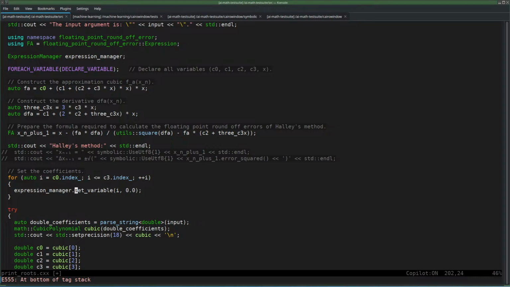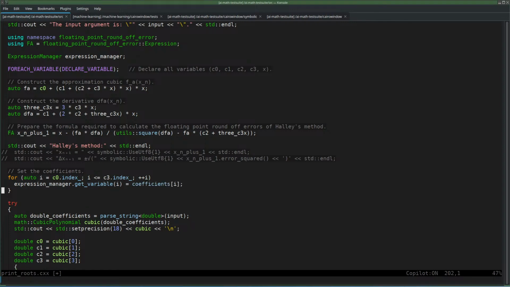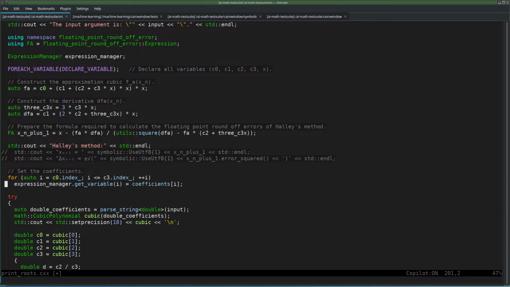You can just get the variable and then assign to it, or you can make an add-in. No, I'm going to use get variable I, and then we assign to that something. Let's see if this makes sense. So the expression manager calls get variable with an I, which has a type that can only be applied to that vector.